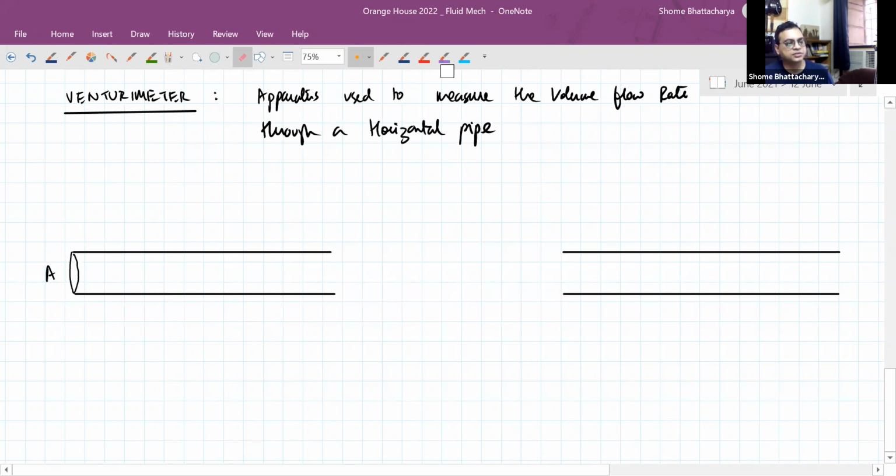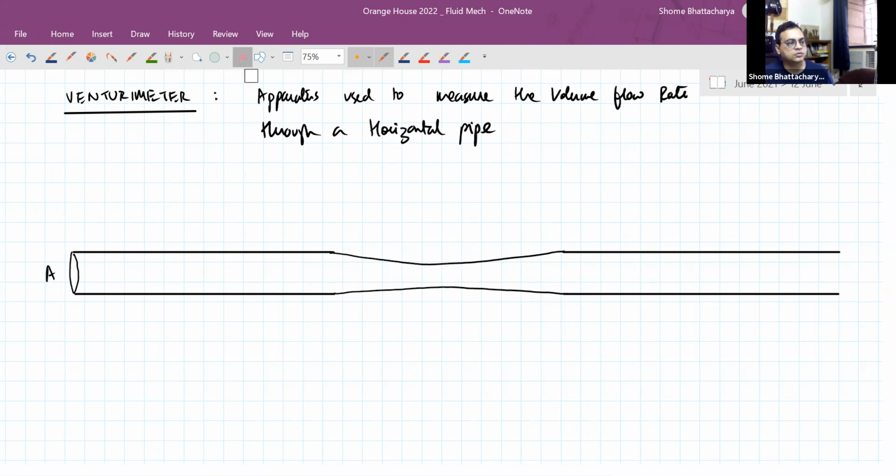So what we do is, somewhere in between, we insert this kind of device, which consists of a pipe that is tapered.